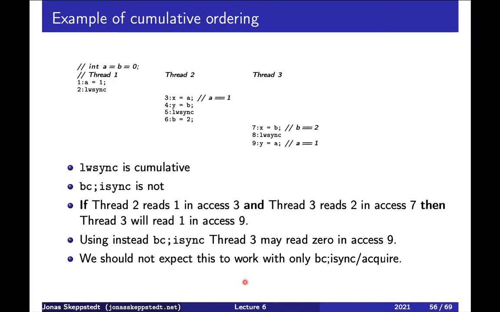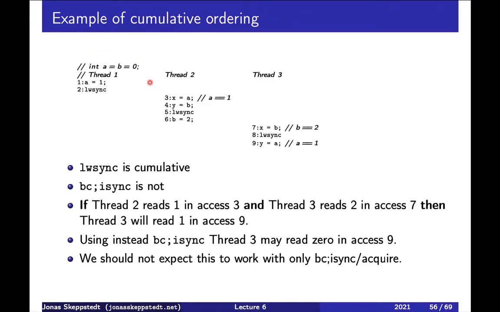So if we have this program, it really shouldn't work with the branch conditional and isync, I mean, it's not properly ordered according to the C standard, but this example illustrates how a cumulative memory barrier instruction can just happen to make this work anyway.